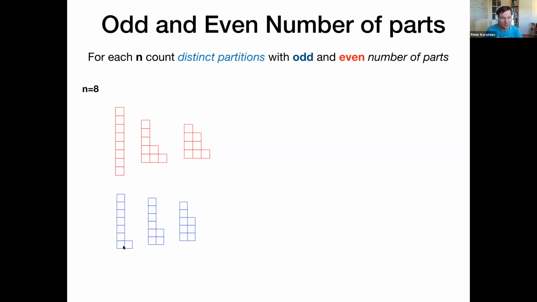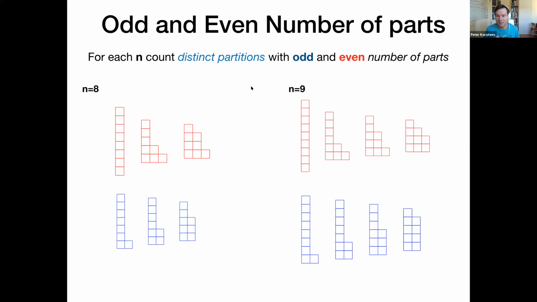Those in blue have an even number of distinct parts. Does that make sense? I know it's a mouthful, but it's easy to show on the picture. So first, we impose 2 different conditions on each partition: that its parts are distinct, and then we look at the parity, either even or odd. So this is for n equals 8. This is for n equals 9.